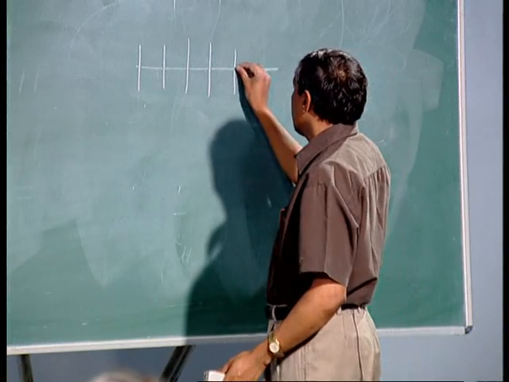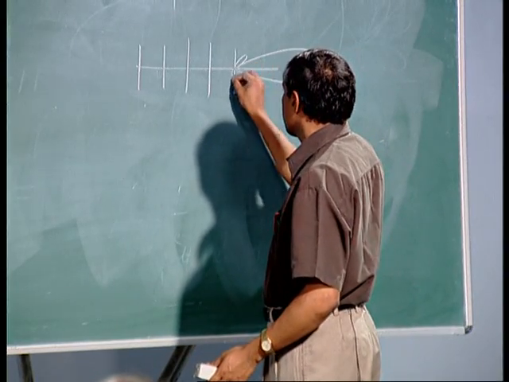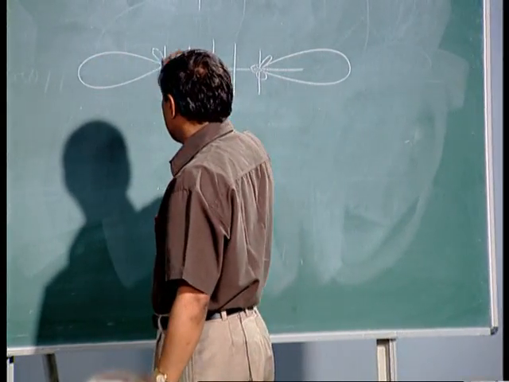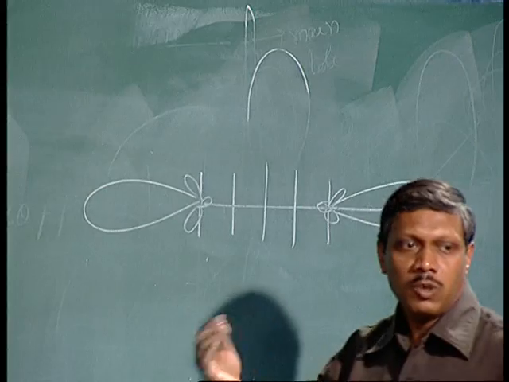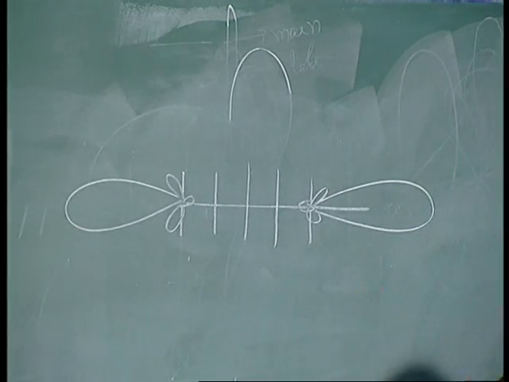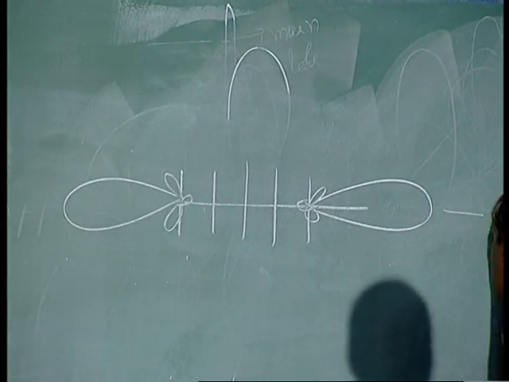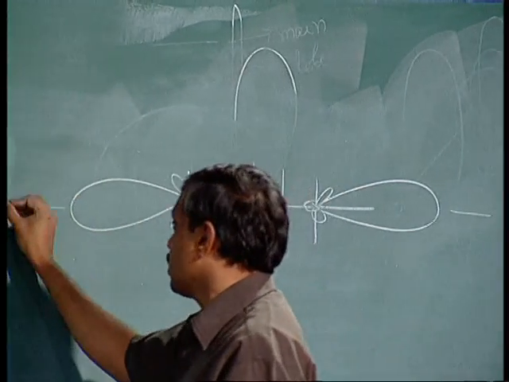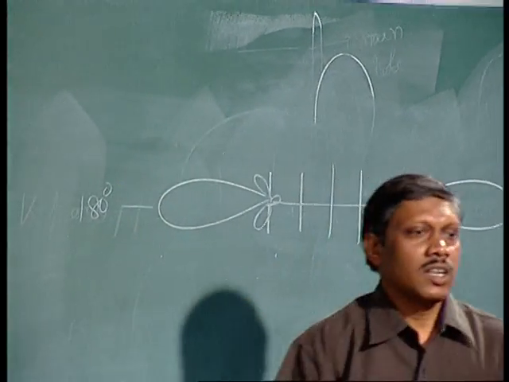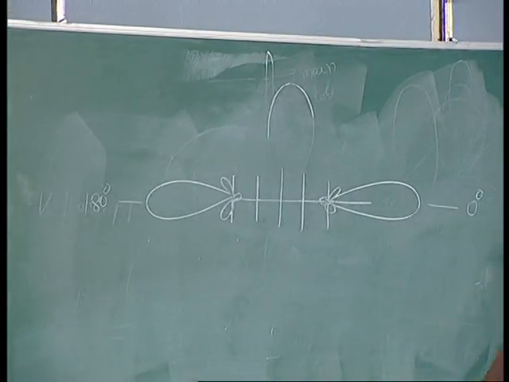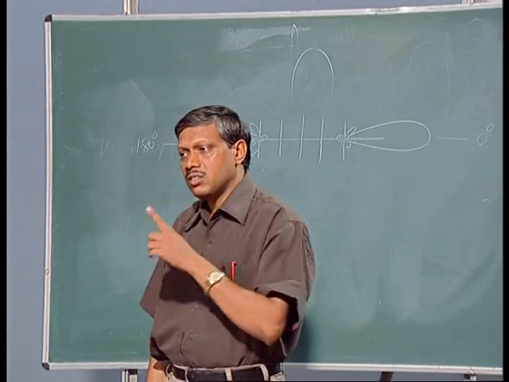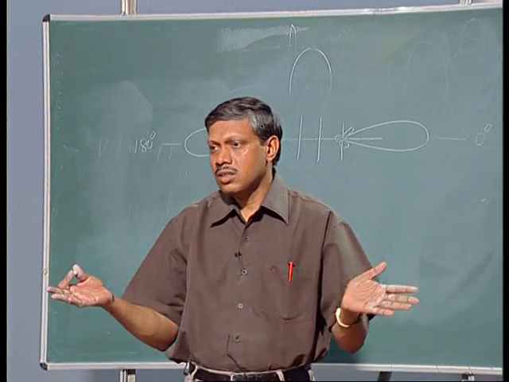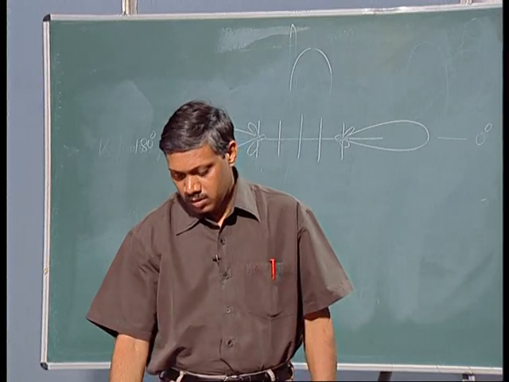So, either in this direction or in this direction or in both. It can be bidirectional. If I define this as 0 degree, this will be 180 degree. So, in an end fire array you will get the maximum radiation either in the 0 degree direction or in 180 degree directions or in both of these.